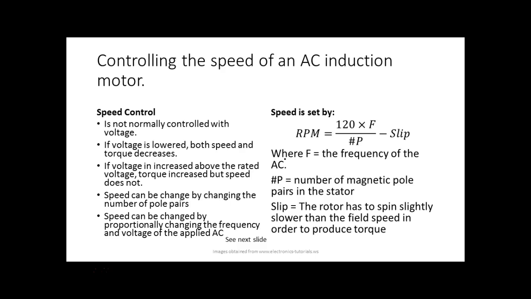But when we get over in Europe, they start changing things around. Usually they use 50 cycles, and some countries use mishmashes too. So if we're going to change the frequency of the AC motor, we're going to have to do it electronically.